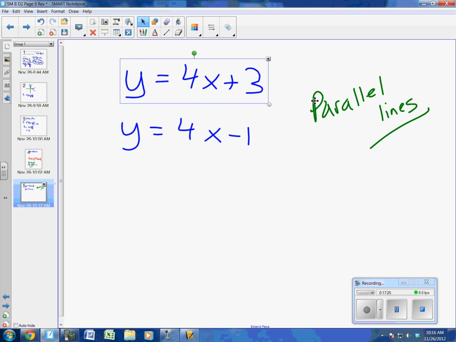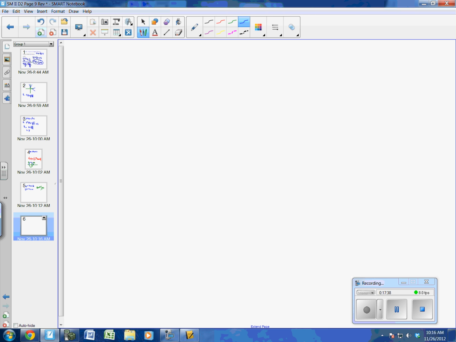Now, you're going to have to find an inverse, kind of like we did on the bell work today. You're also going to have to find the solutions to an equation like this.